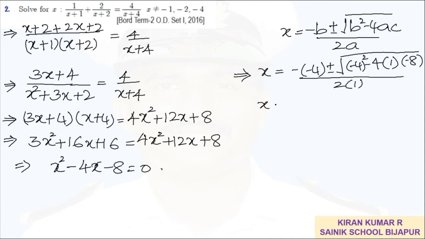Now let us substitute and simplify. It becomes positive 4 plus or minus root of 16, minus of minus will be positive 32, divided by 2.